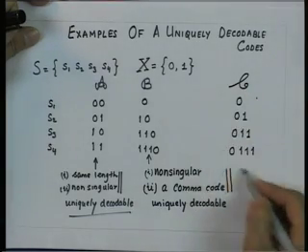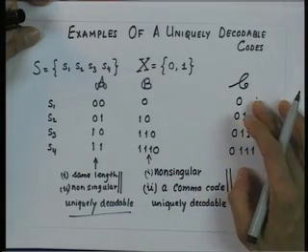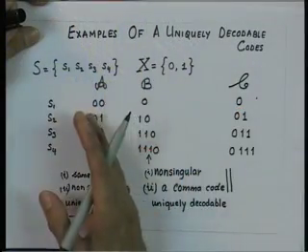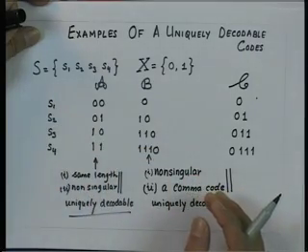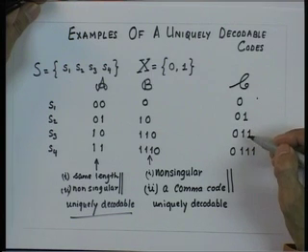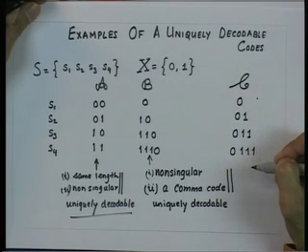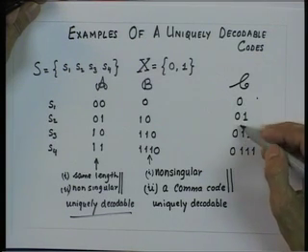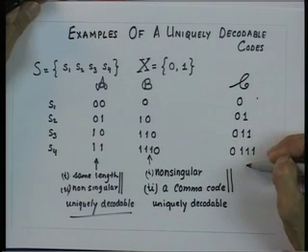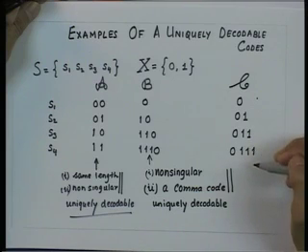This code C is again non-singular and uniquely decodable, but there is a difference between this code and the previous two codes A and B. The difference is that when I receive the sequence of code symbols, I am unable to decode the sequence code word by code word as it is received.